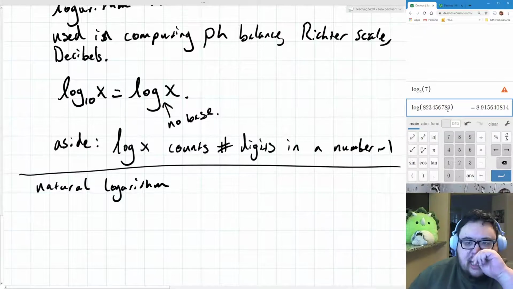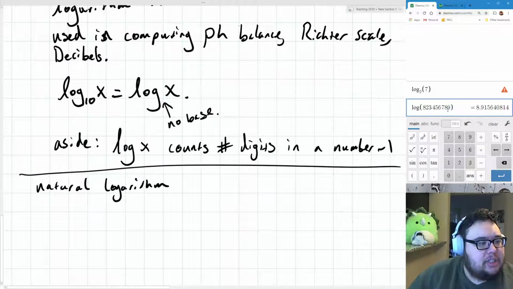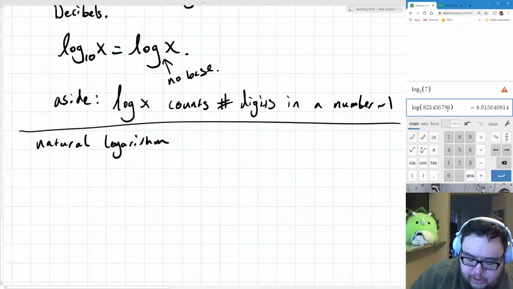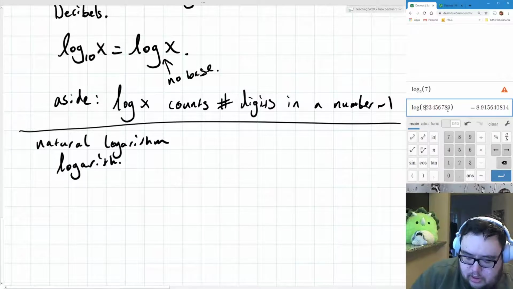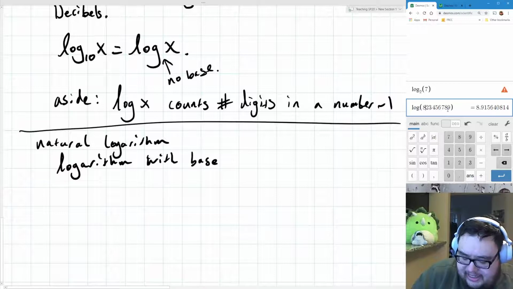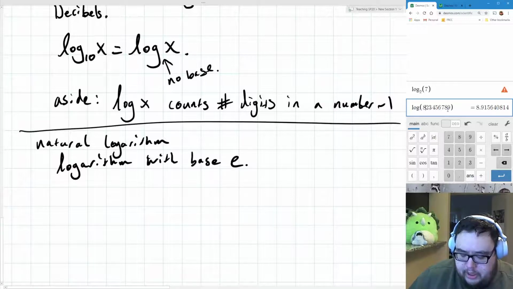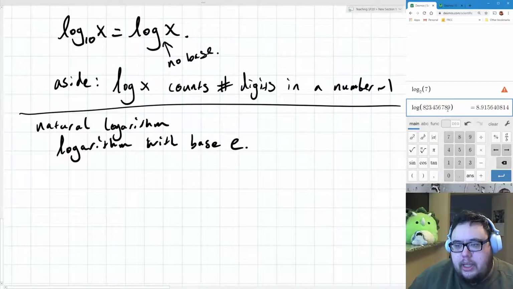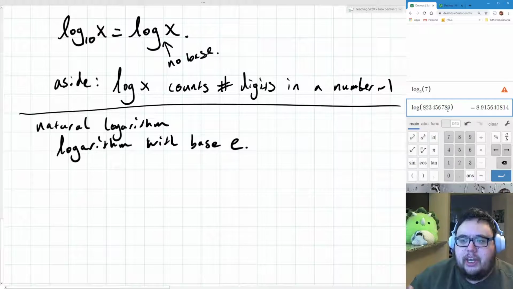And this uses that number that came up in last class, e. The natural logarithm is the logarithm with base e. Technically, the natural log can be used in basically any situation in which any other logarithm can be used, in a lot of cases.